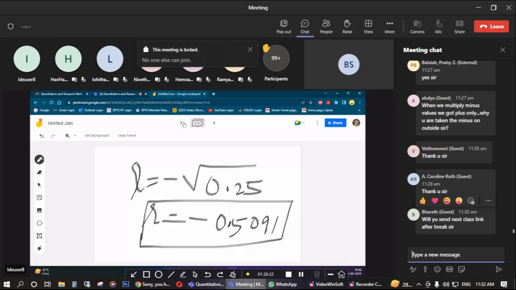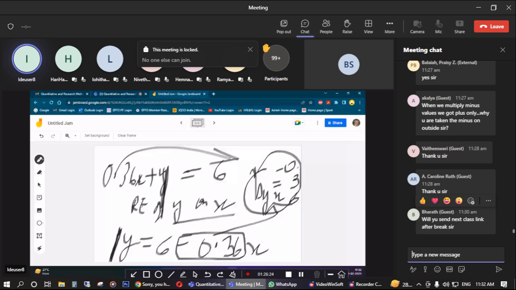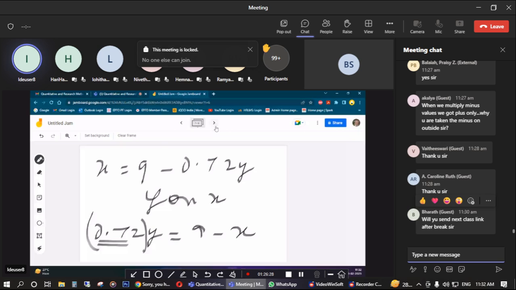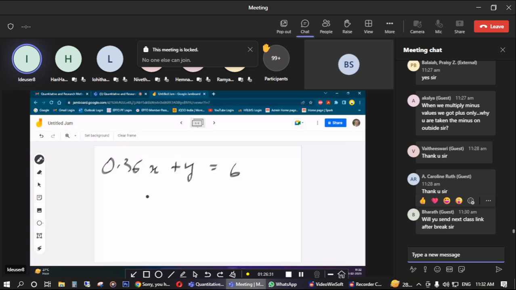That is correct. So I am going to consider this as X on Y. This was actually considered as Y on X. Now I am going to consider this as X on Y. So what do we do? Very simple. Keep X here, throw Y to that side.